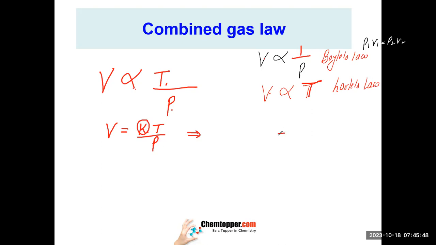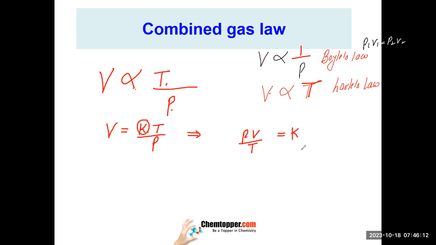K on one side, rest of the things on the other side. Afan and Vivan, can you give me the equation? Very good, Afan. So he's saying PV over T, and I think he's perfectly all right.